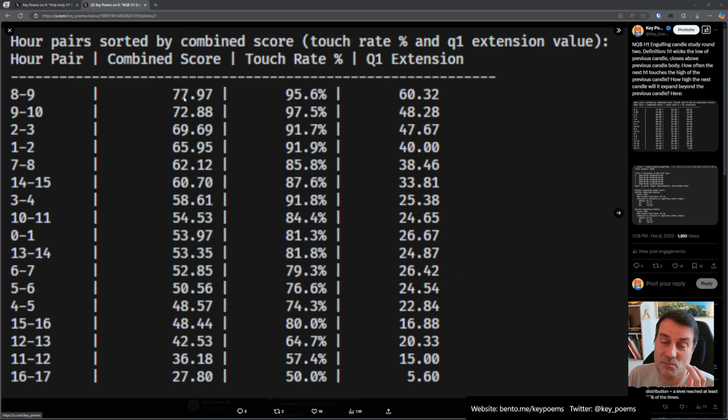I sorted them with a combined score: how many times we breach the high probability target, the high of the engulfed candle, and when we expand past that high, how many times that candle's range we move.